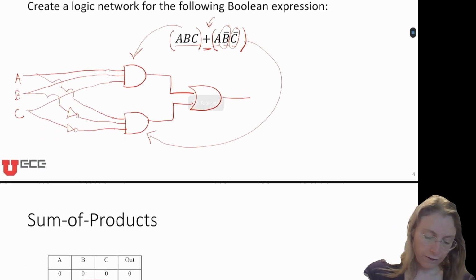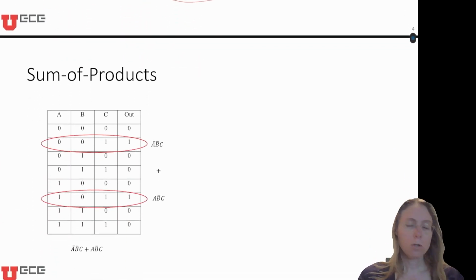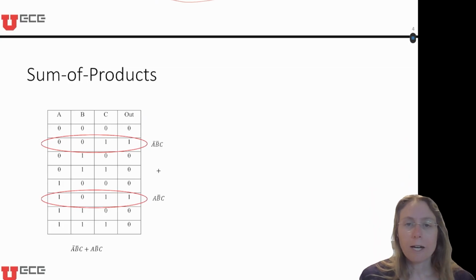Okay, now what if I have a truth table? So last time I kind of showed you how to look line by line at the truth table at each row and any output that was a logical 1. Then we would write an AND expression for that row, and then we'd OR together all the rows that were 1.